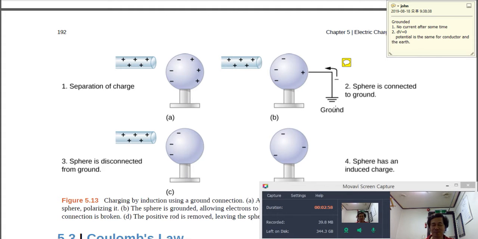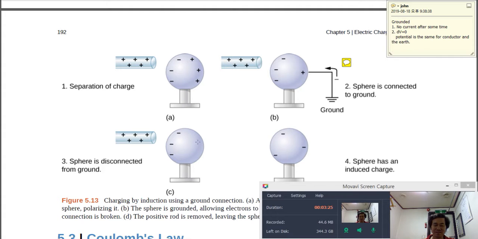Then electrons in the Earth will be attracted to these positive ions. So electrons will move from the Earth to the sphere, and then there will be no positive ions here.